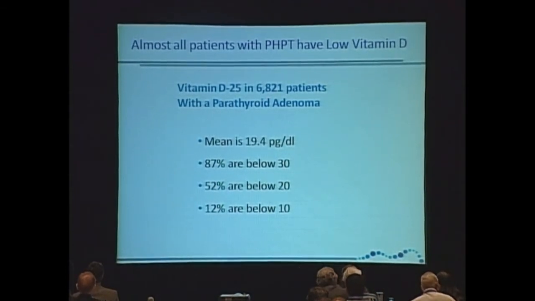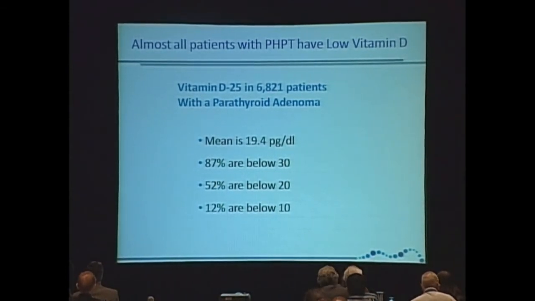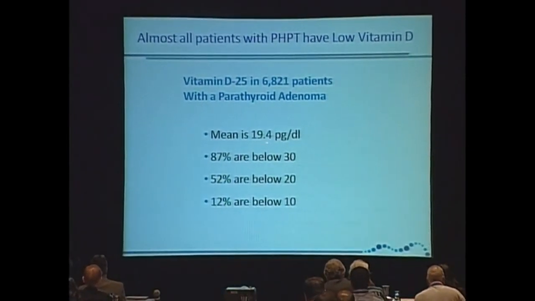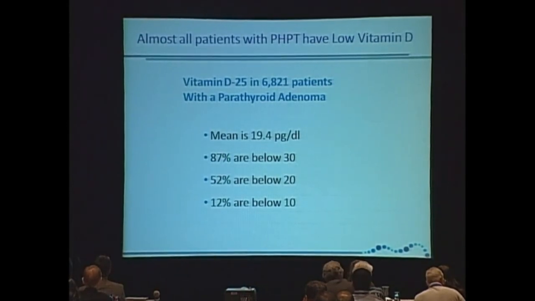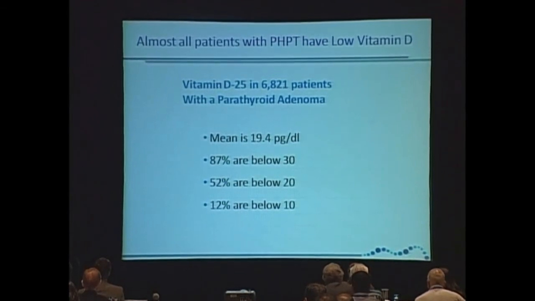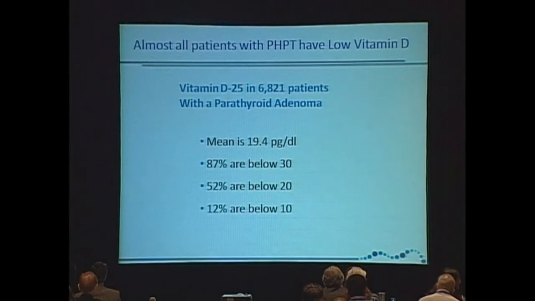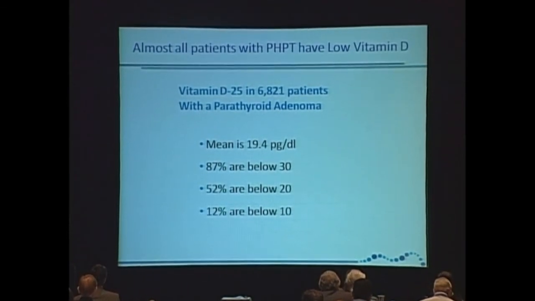So 6,821 patients with a parathyroid tumor that we took out. The mean is 19.4. 87% of patients with parathyroid disease, a parathyroid tumor, remember it's not hyperplasia, it's tumor, 87% are below 30, 52% below 20, 12% below 10.